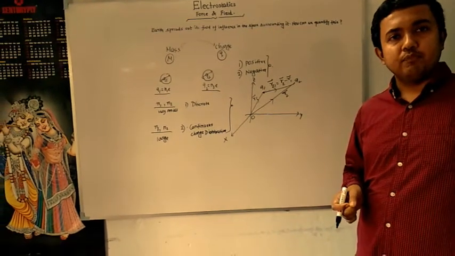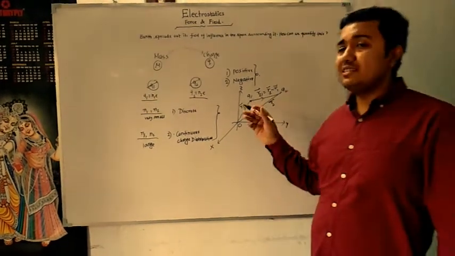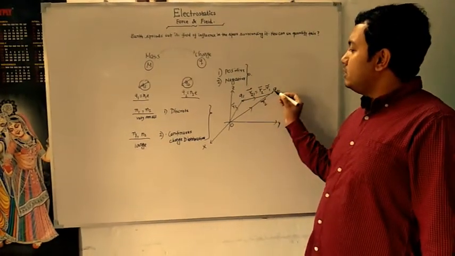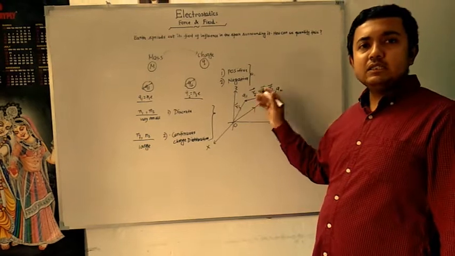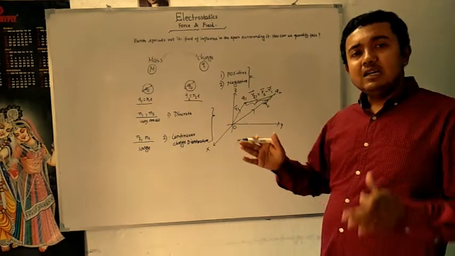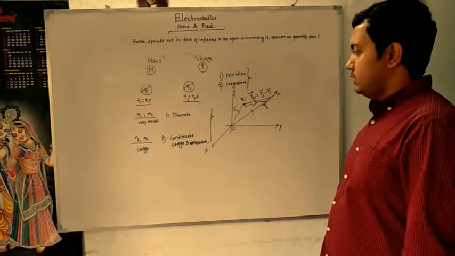Now, if we calculate the force between the two charges Q1 and Q2, we have to apply Coulomb's law. Coulomb's law is strictly applicable for point charges. That is, the spatial dimension of the two charged bodies is very small with respect to their separation, or intermediate distance between the two charges.